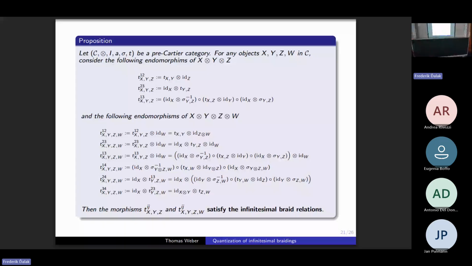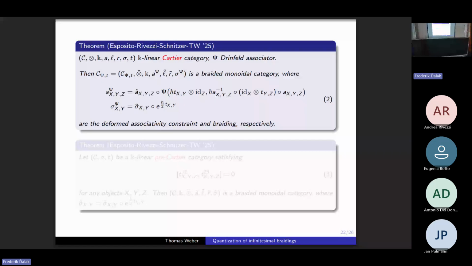And that's in fact what's happening here. That's the first main theorem that first tells us, okay, so in the Cartesian case, so when we have also commutativity of braiding and the infinitesimal braiding, you take any Drinfeld associator psi, then you get a braided monoidal category that quantizes your input category.